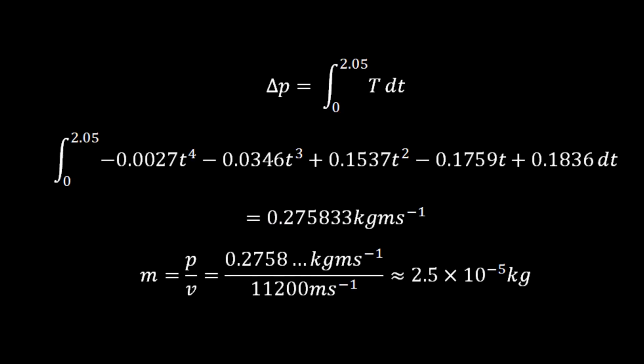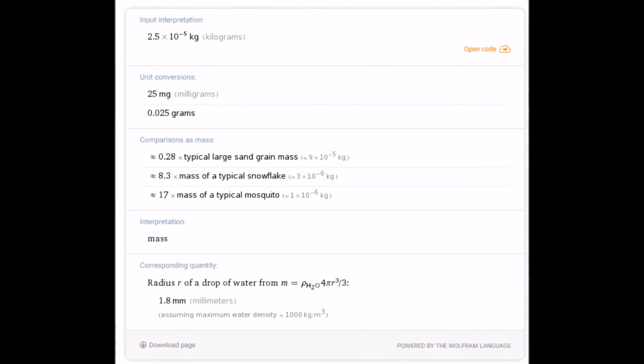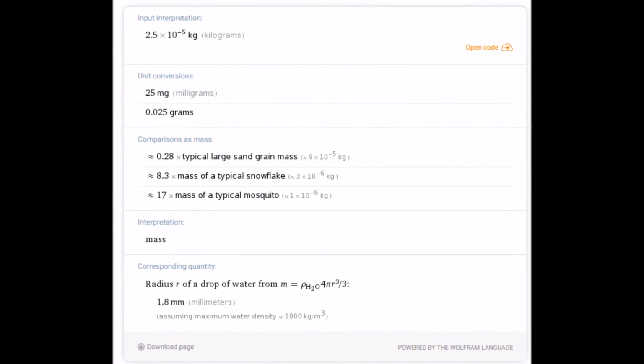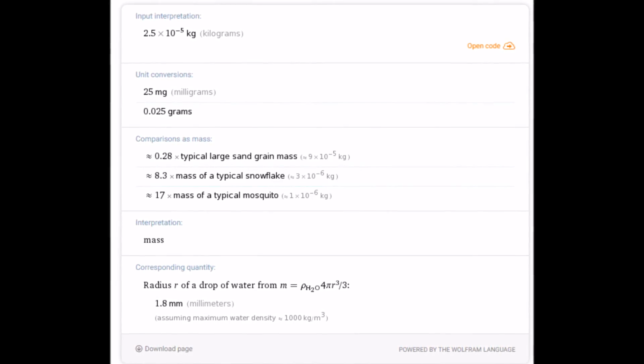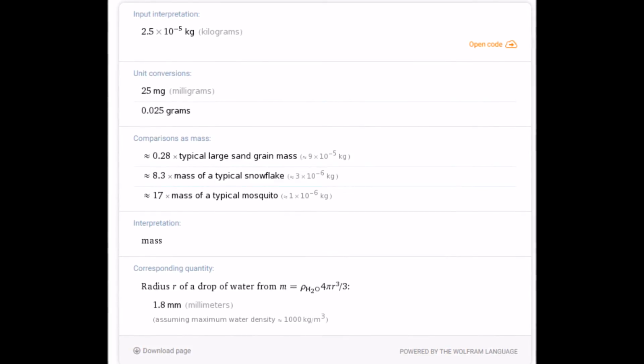I want to find the maximum mass that this reaction could send into space, which is a natural thing to be doing with your Saturday afternoon. This reaction would be able to send a 2.5 times 10 to the minus 5 kilogram mass to a point in space. Using wolframalpha.com, I found out that the reaction could send 8 snowflakes into space.